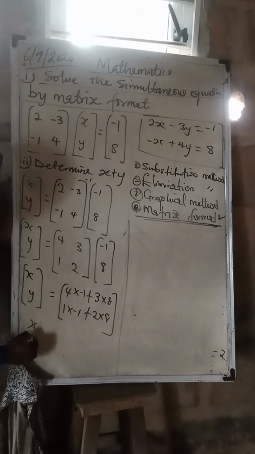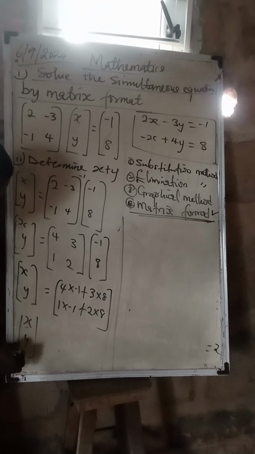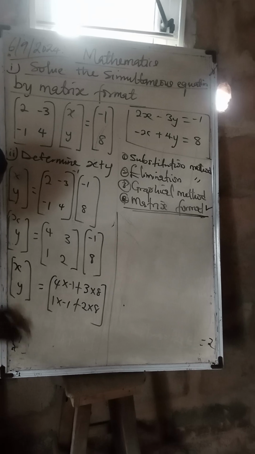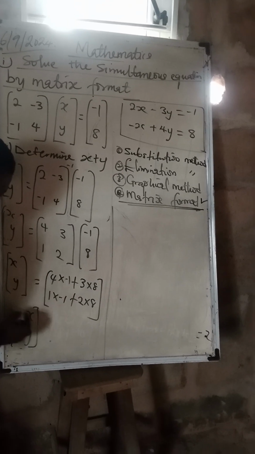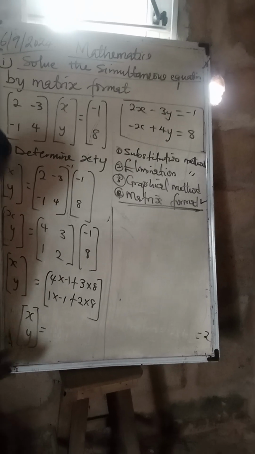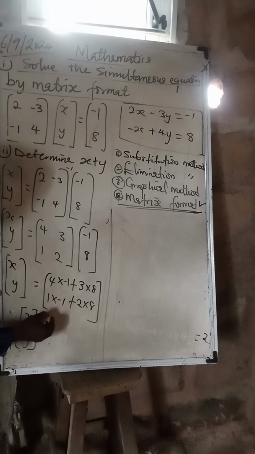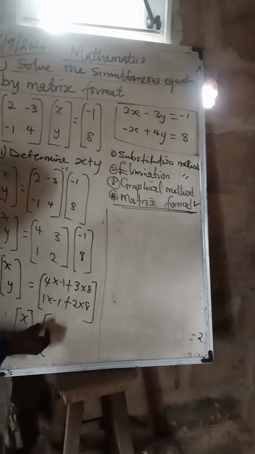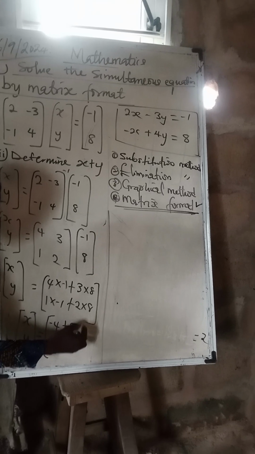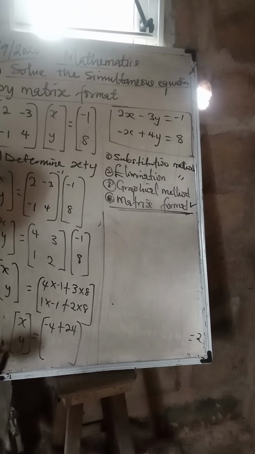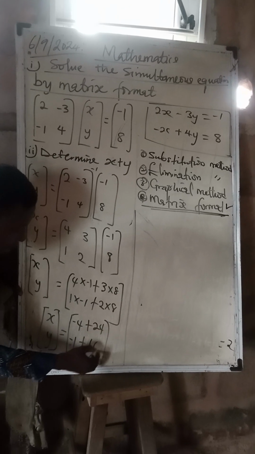This will now give us x y. 4 times minus 1 is minus 4. Minus 4 plus 3 times 8 is 24. Then minus 1 times 1 will give us minus 1 plus 2 times 8 is 16.